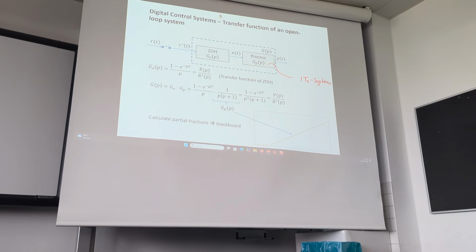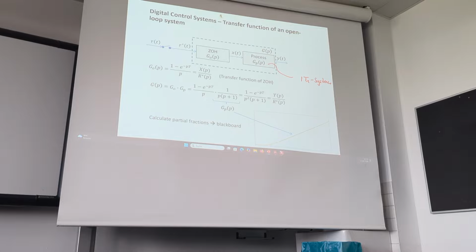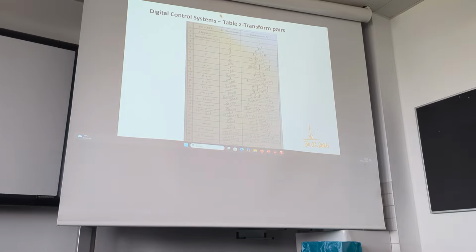Exactly. So let's calculate the quantitative exact timing behavior now using our result G of z. So if we consider the excitation to the system to be an impulse, then our R of z in the z domain would be just 1. So let's counter check that in the table.